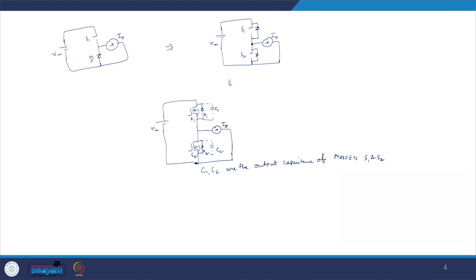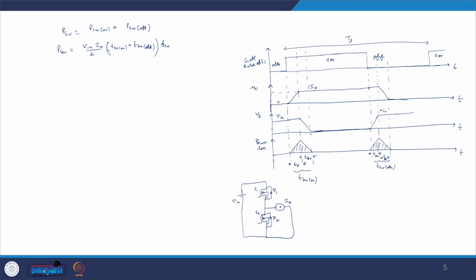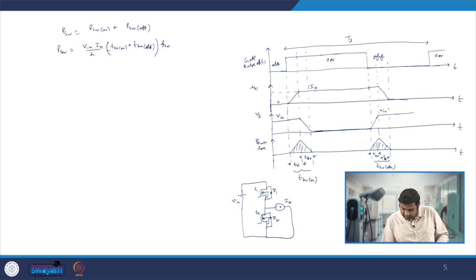Before understanding how we can get soft switching in this conventional building block of any voltage source converter, let's consider this converter architecture and these waveforms we already drew in the last class while discussing the switching loss concept. Whenever we are turning on the S1 switch, before that, when S1 was off, the current was flowing through the body diode of D2, or if you turn on the S2 switch, through the channel of S2.